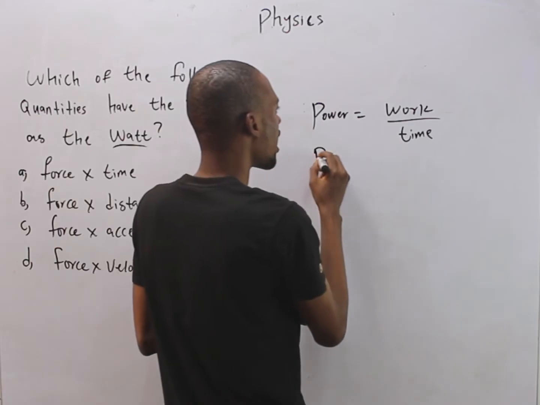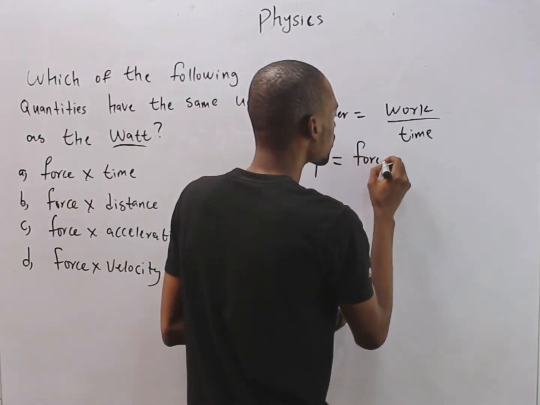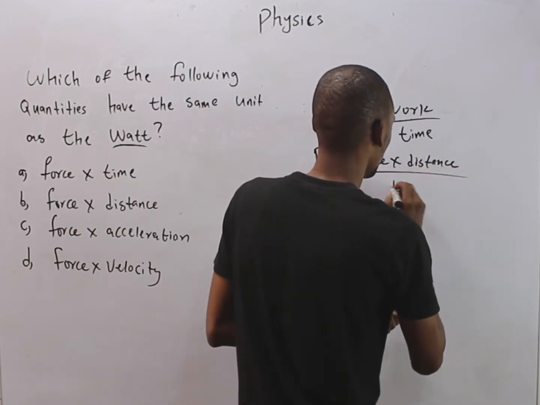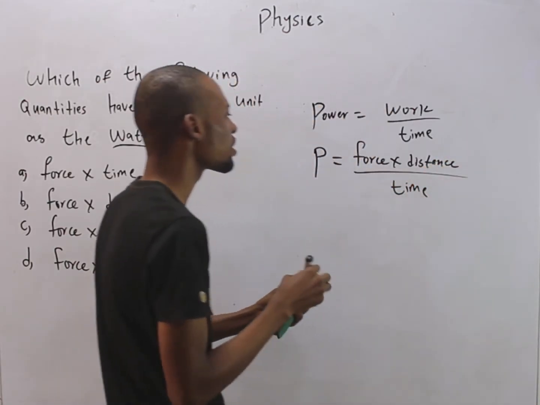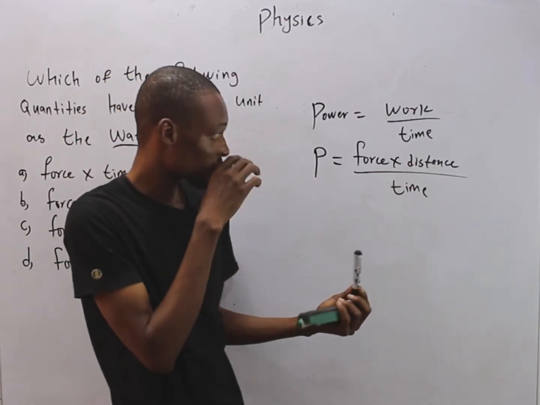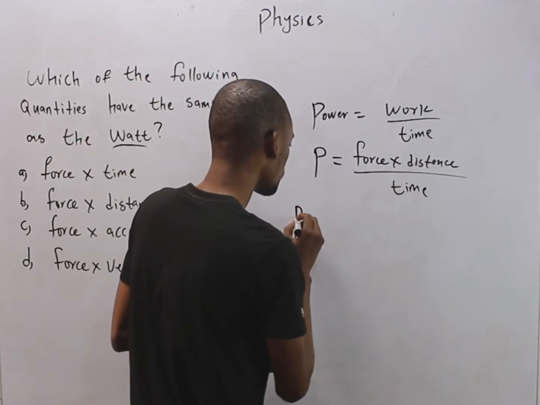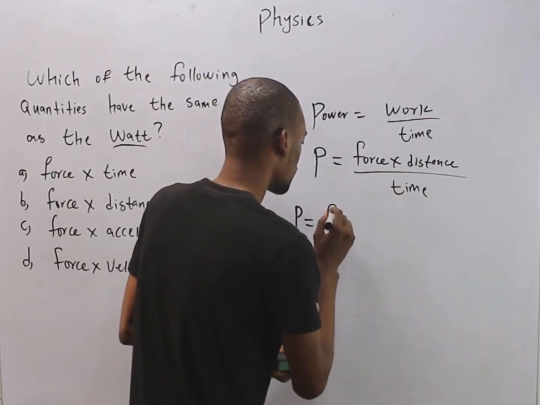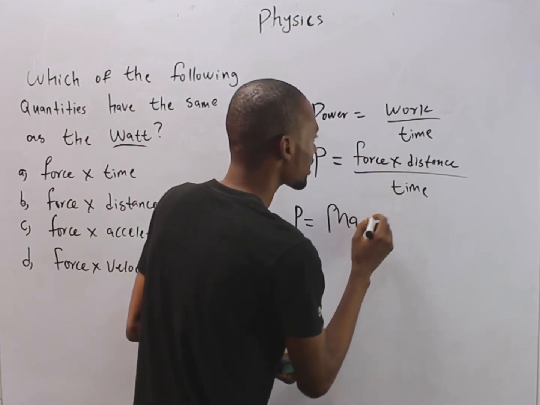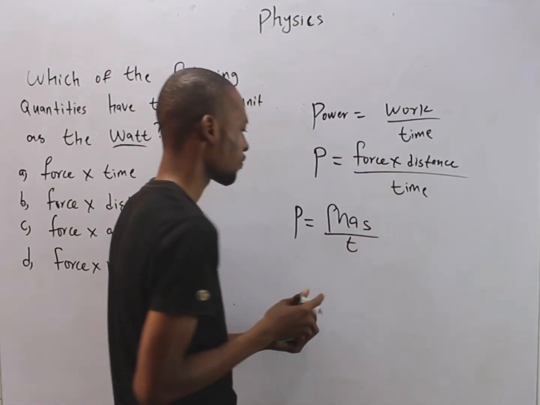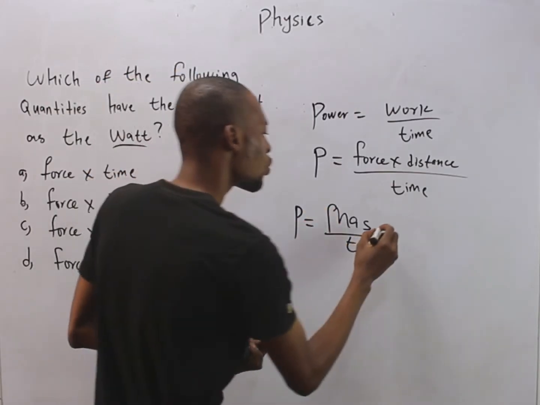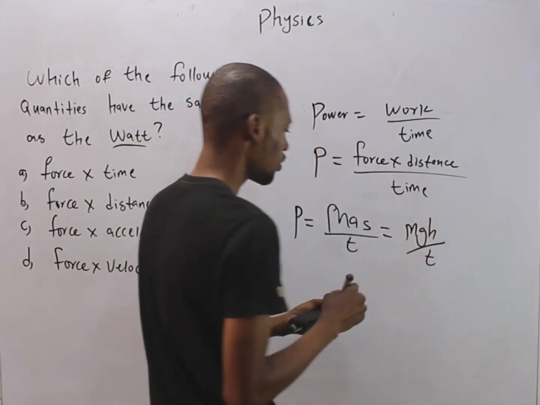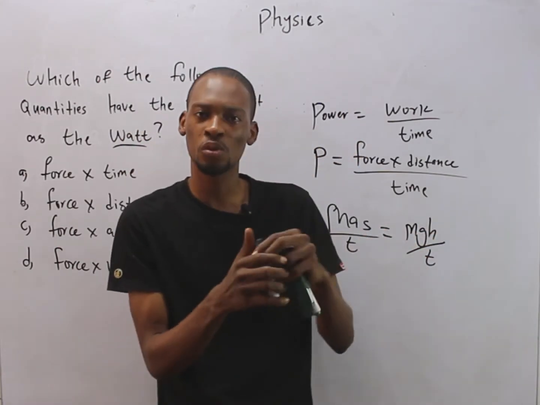This means power is equal to force times distance all over time. This is another formula for power. And power is also, since force is mass times acceleration, which is ma, times distance s over t. It is also equal to mgh over t, where g is acceleration due to gravity.